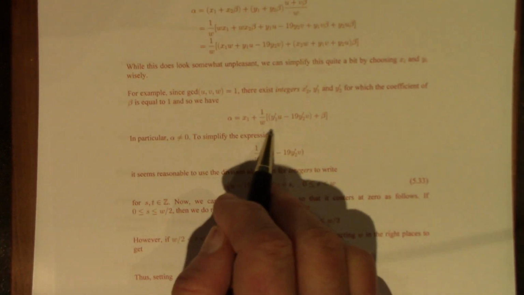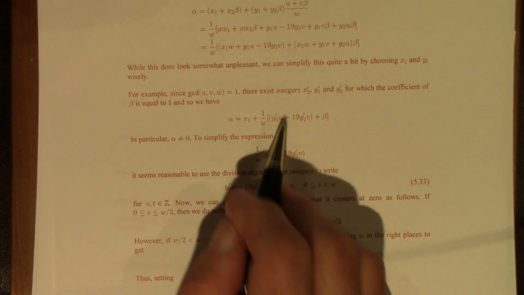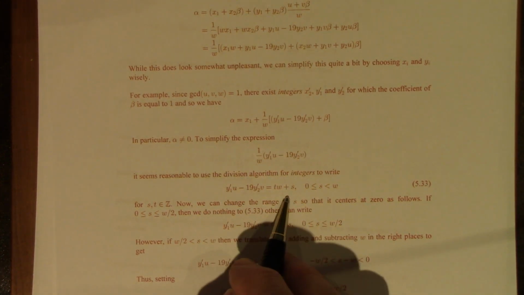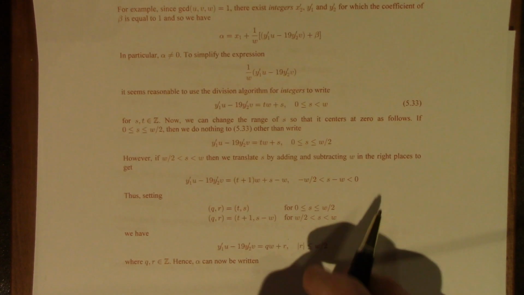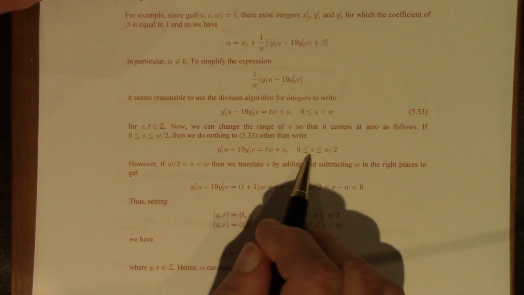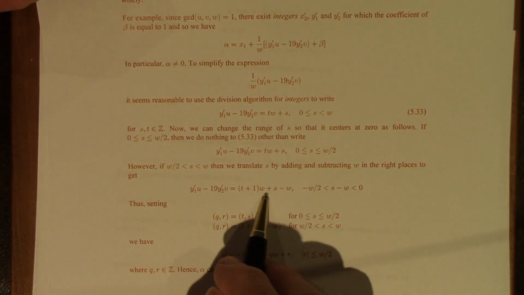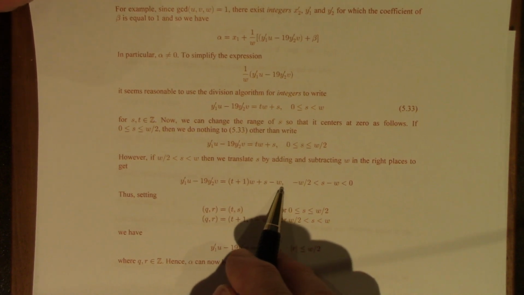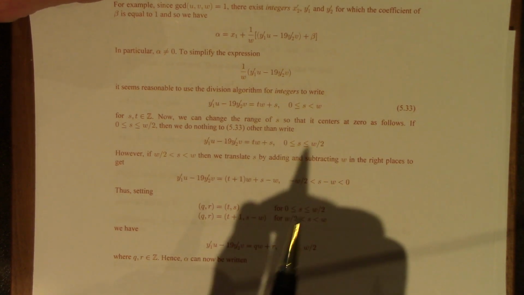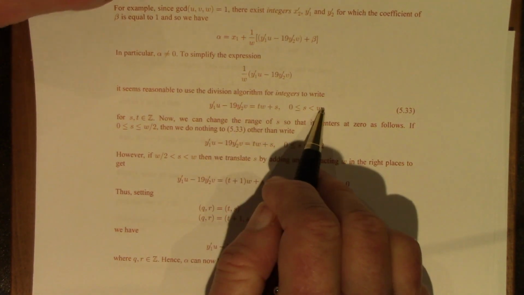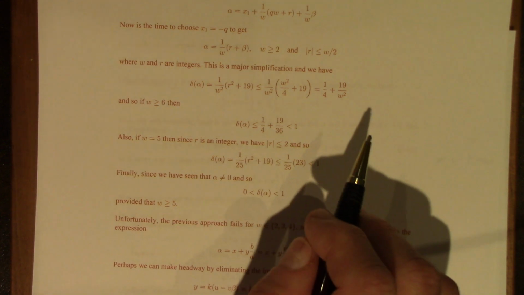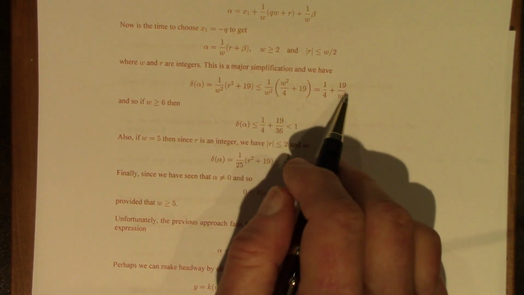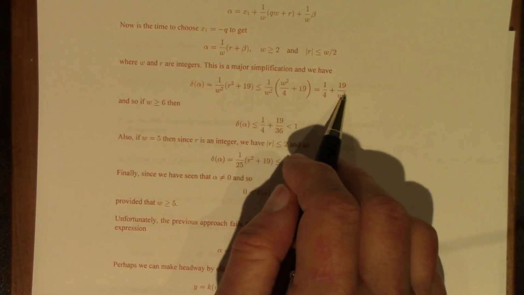And we have to deal with this. But again, we're dividing by w. That should remind us of the division algorithm. This shift of range is maybe not something you would notice right away. But if you tried to continue with this, you would find these inequalities are not working out very well.